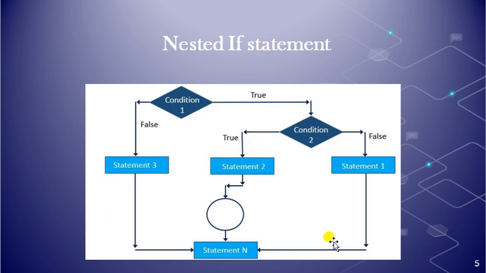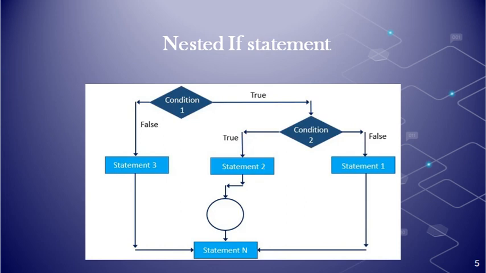After that it will go out of the complete if structure. So in a nested if statement, one condition is checked, and if it is true, another condition is checked, then the statement is executed. This is the flow diagram of a nested if statement. I think you got it.